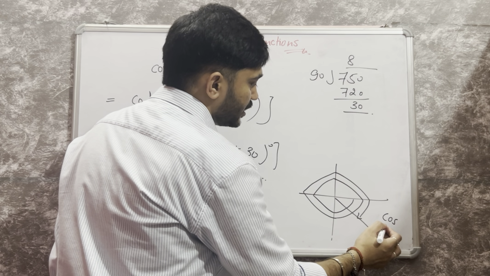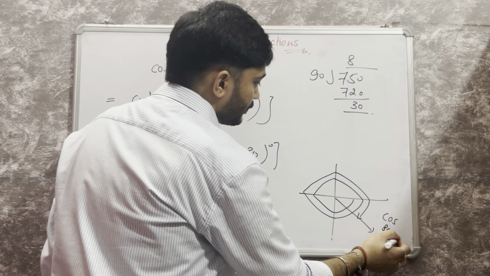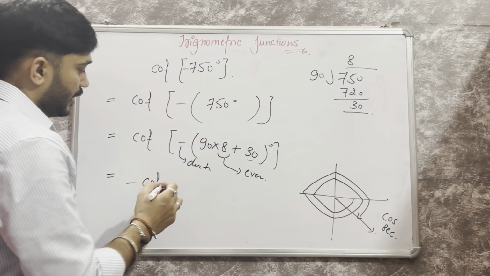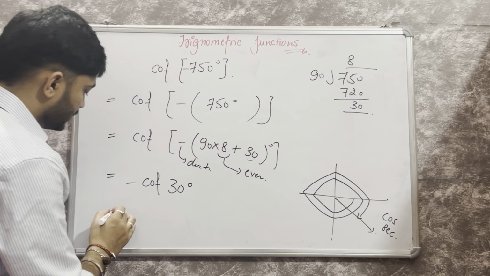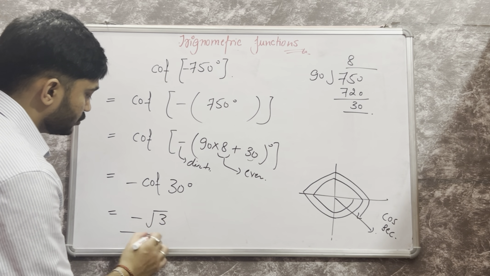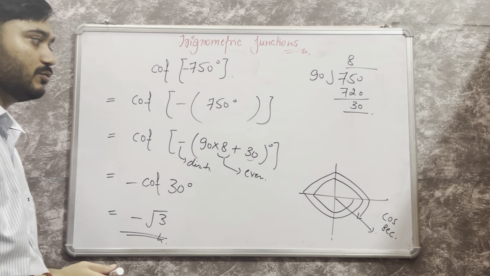This is of cos and sec. So the negative sign will appear in its front. And 30 degree. What is the value of cot 30 degree? That is under root 3. So the answer will be minus of under root 3.